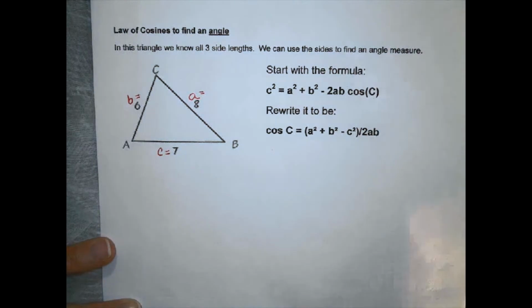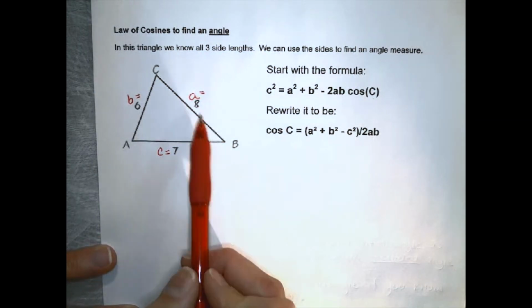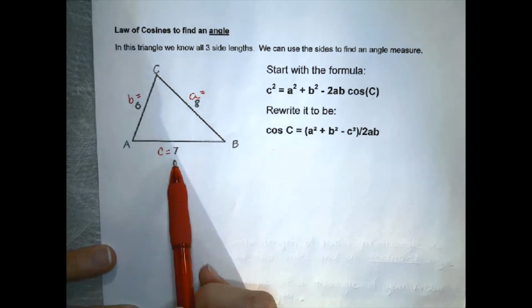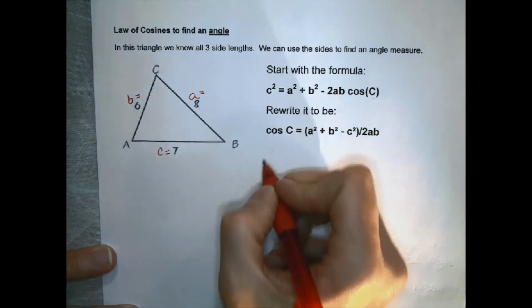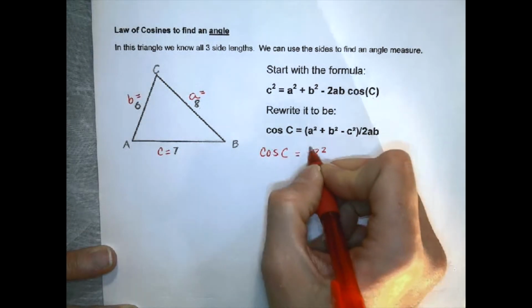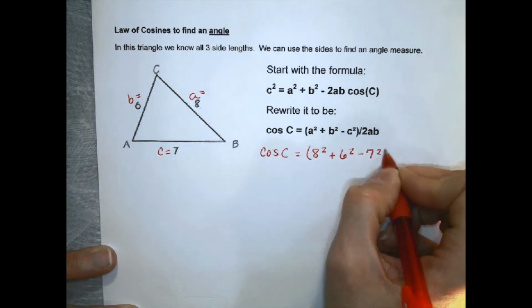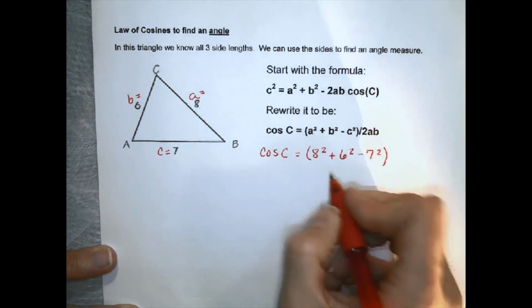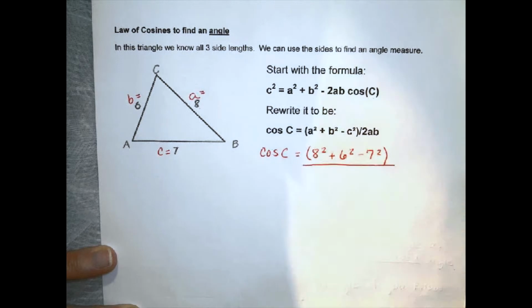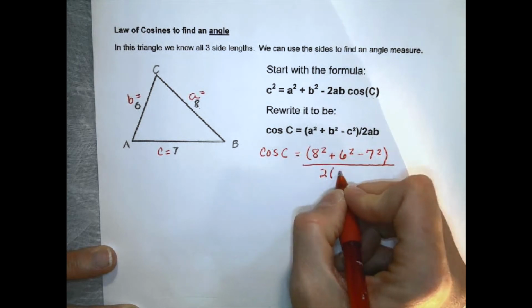I know that a is 8, b is 6, and c is 7. So I'm going to find that the cosine of c equals 8 squared plus 6 squared minus 7 squared, all divided by 2 times a is 8 and b is 6.